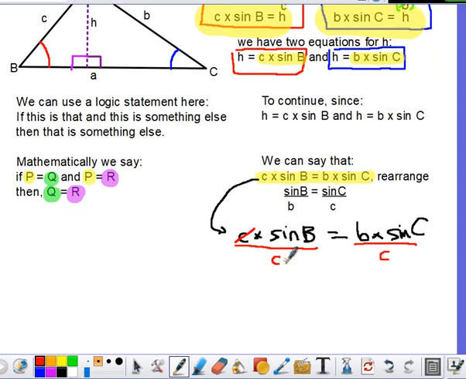Now this C cancels with that C. So truly what we have left is that the sine of B equals B times the sine of angle C divided by side length C.